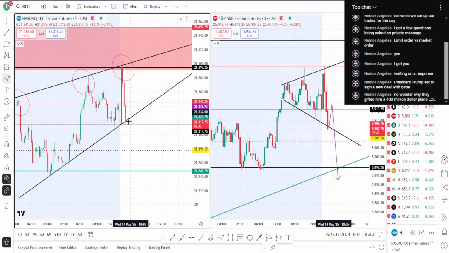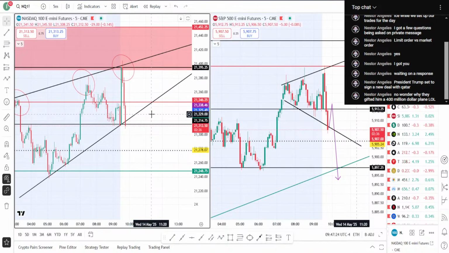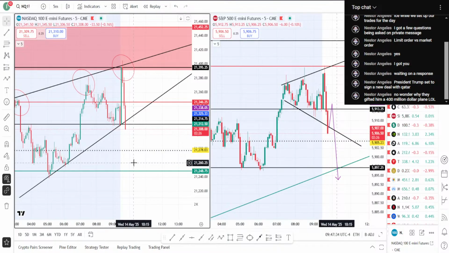There's also a chance this could trap down here and completely reverse as well. You never know. The market sometimes likes to do crazy stuff like that, but let's see.